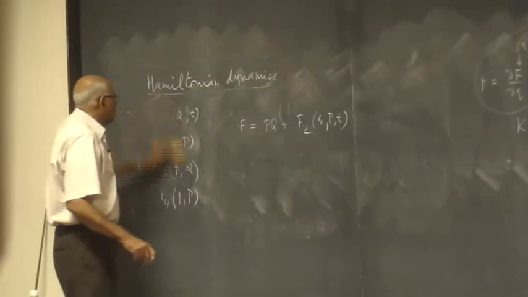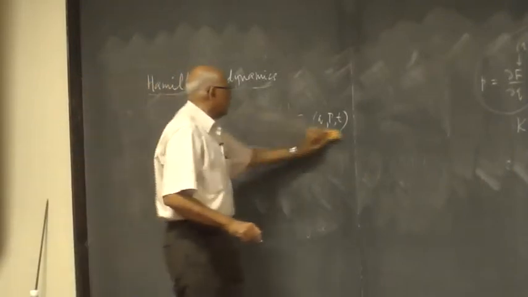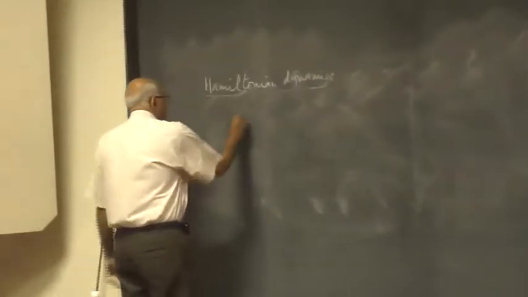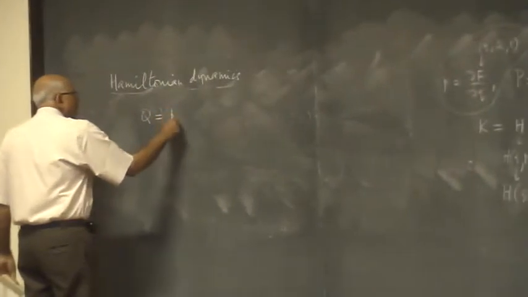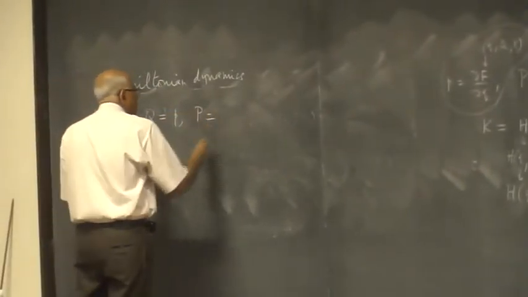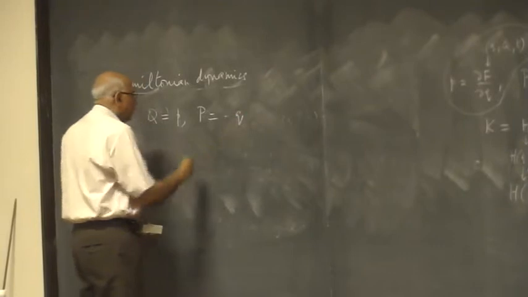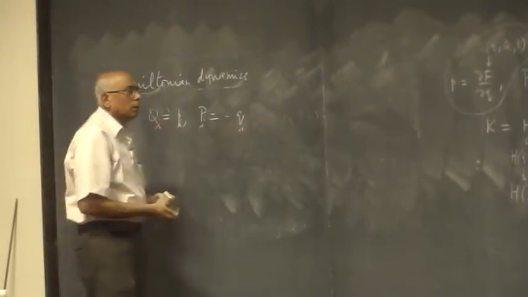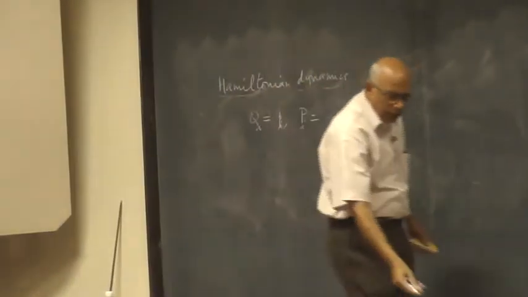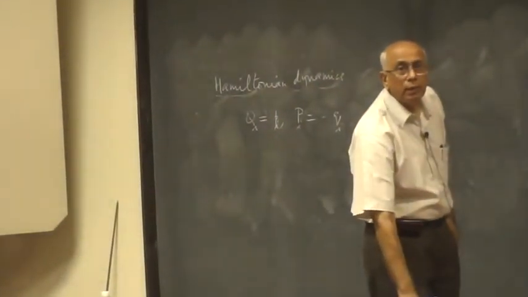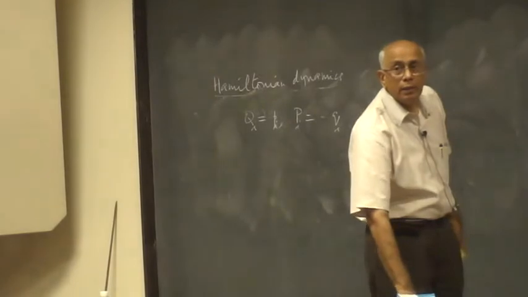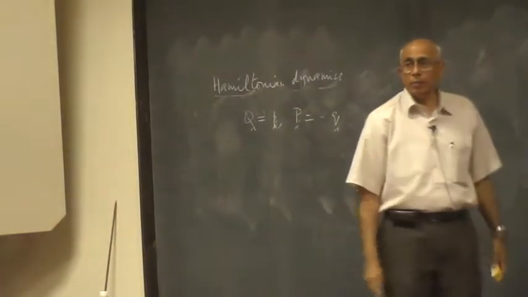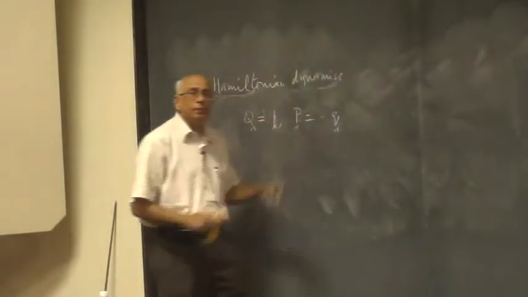For example, take the following and check whether this is a canonical transformation. Suppose capital Q equal to little p and capital P equal to minus little q for each i. Of course, this is the case. This is a canonical transformation because the Jacobian is 1 and the Poisson bracket structure is preserved because of this minus.